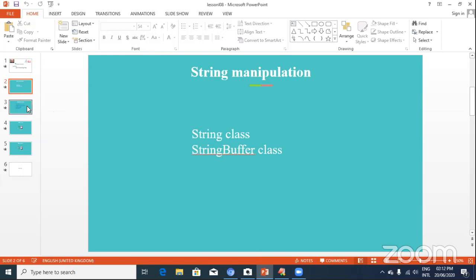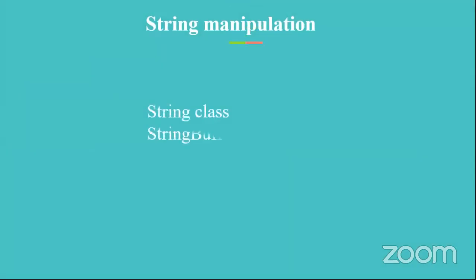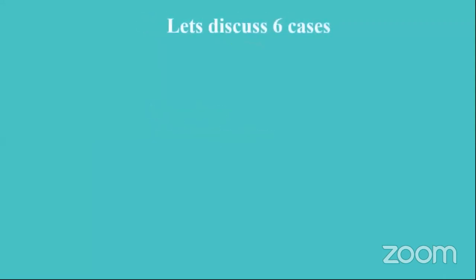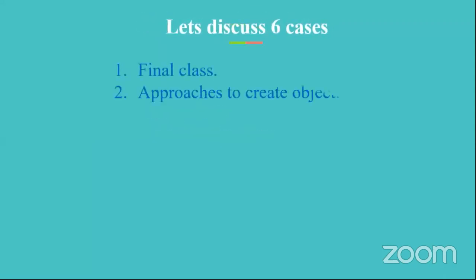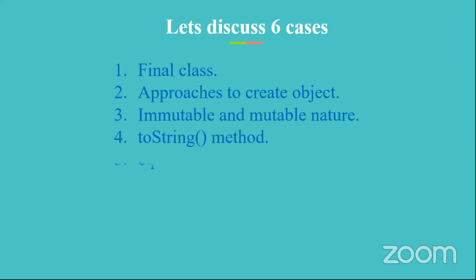Under this string manipulation, we are going to discuss six cases. We are going to discuss the final class, then approaches to create an object with a string, and we also want to discuss the immutable and mutable nature of the string classes and the string object.